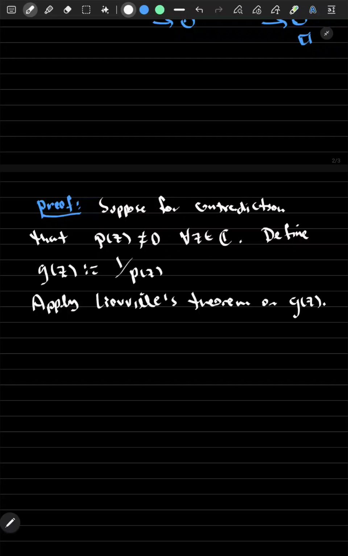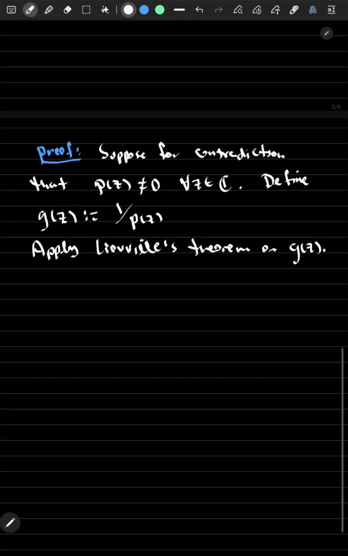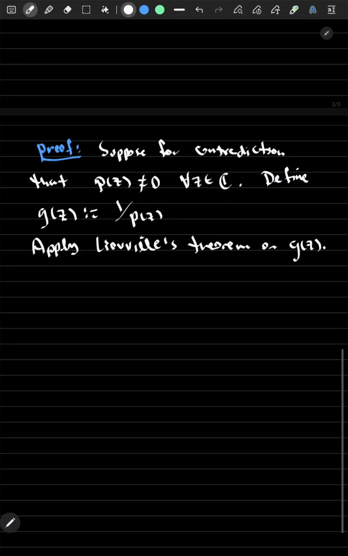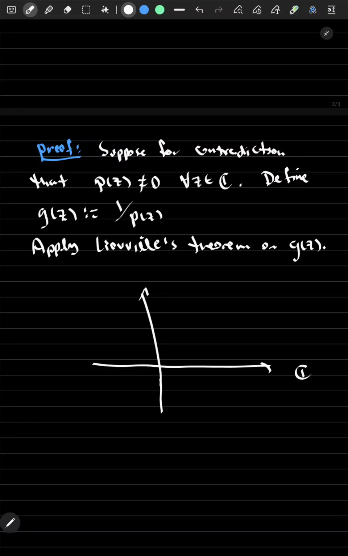On g of z. And to apply Liouville's theorem, we just need to show that g of z is bounded, and in fact it's bounded because we can use that old trick. Let's say that this is the domain, this is the complex plane. Well, I guess we can draw it in 2 dimensions. If you have the complex plane here, and so this is the domain of g of z, then in a certain region, since it's continuous, we can take maybe a closed ball here.